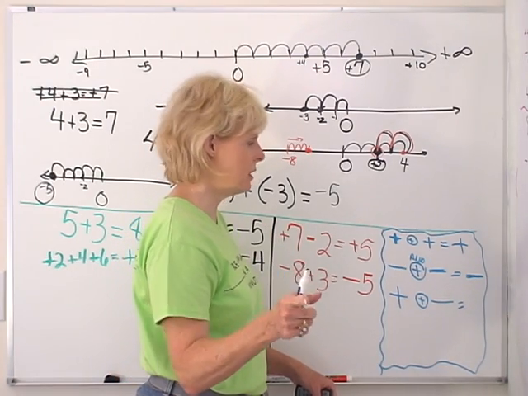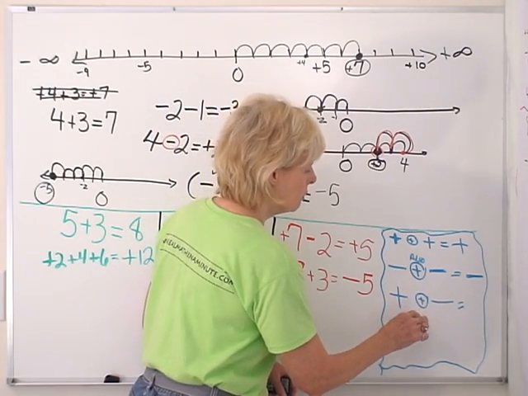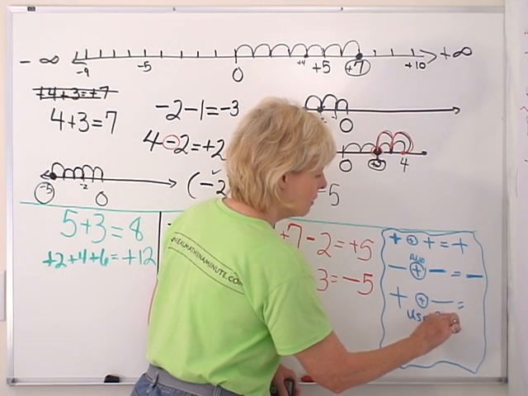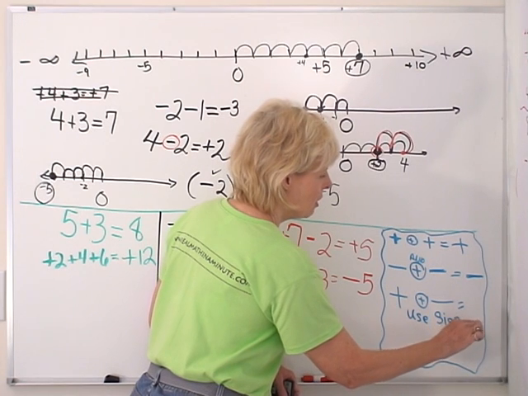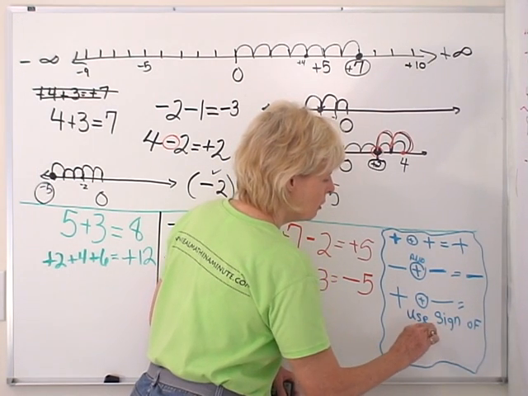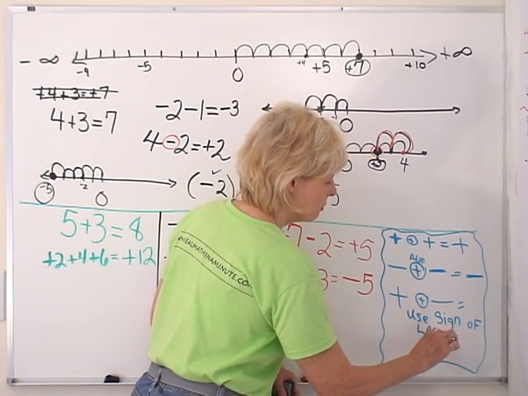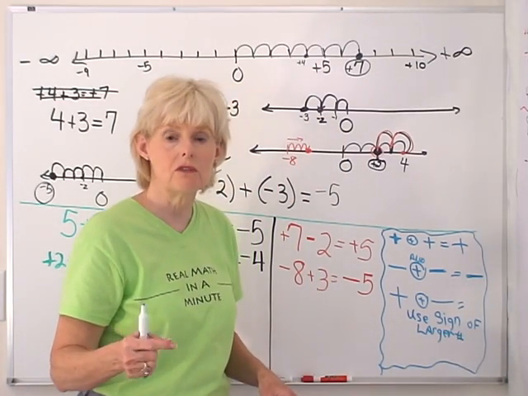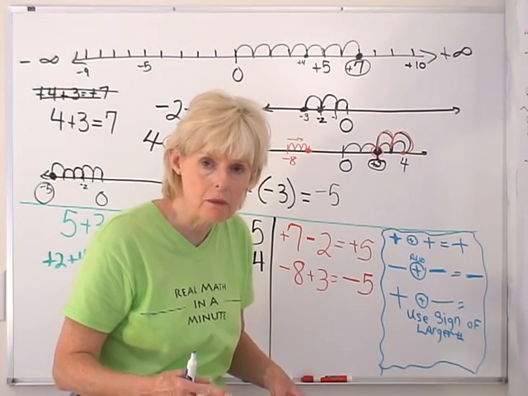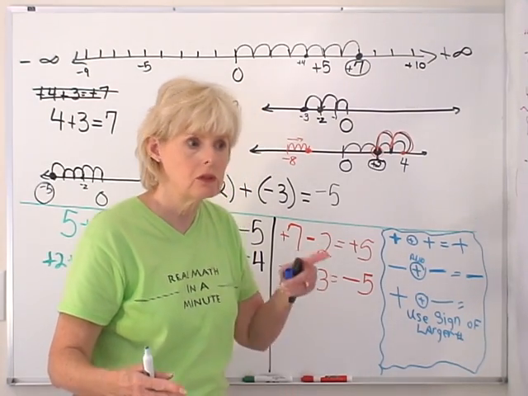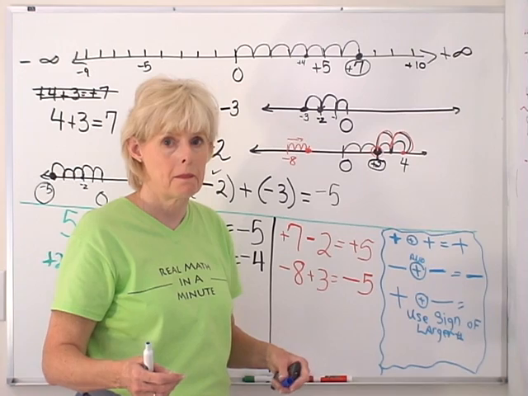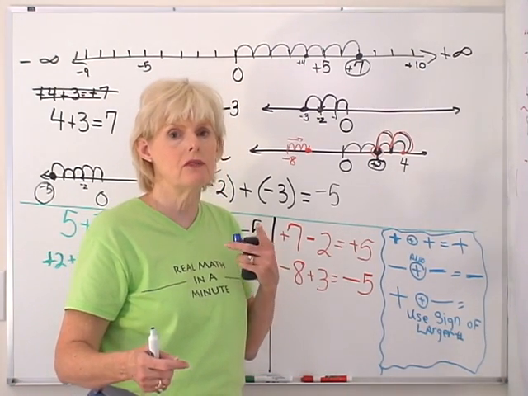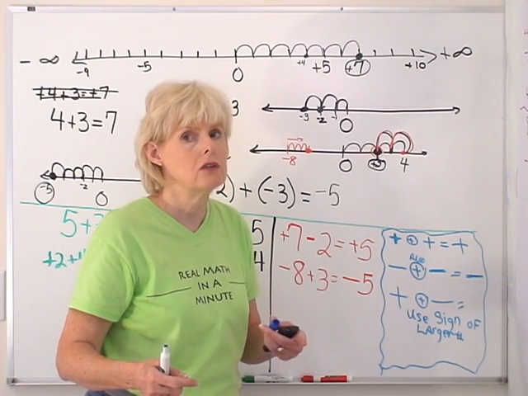That's exactly right. Someone said we're going to use the sign of the larger number. So let's do some of these. If I'm adding a positive 7 and a negative 2, it's going to be positive. If I'm adding a negative 10 and a positive 1, it's going to be negative.